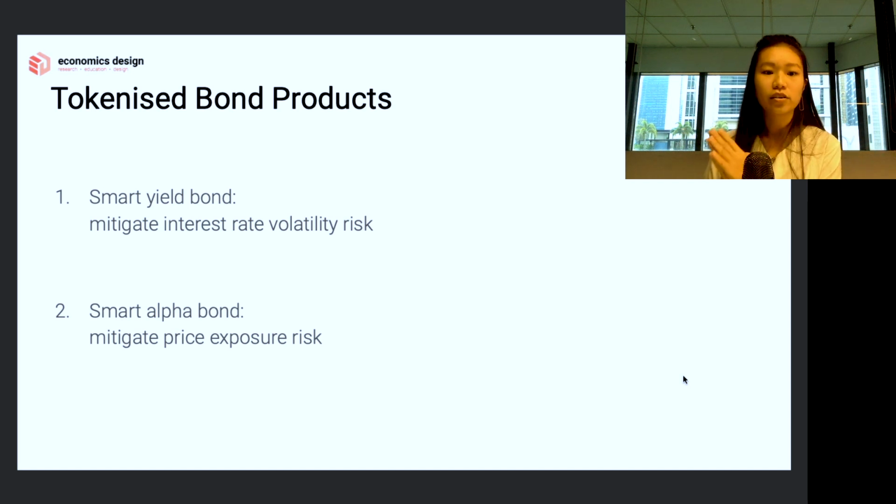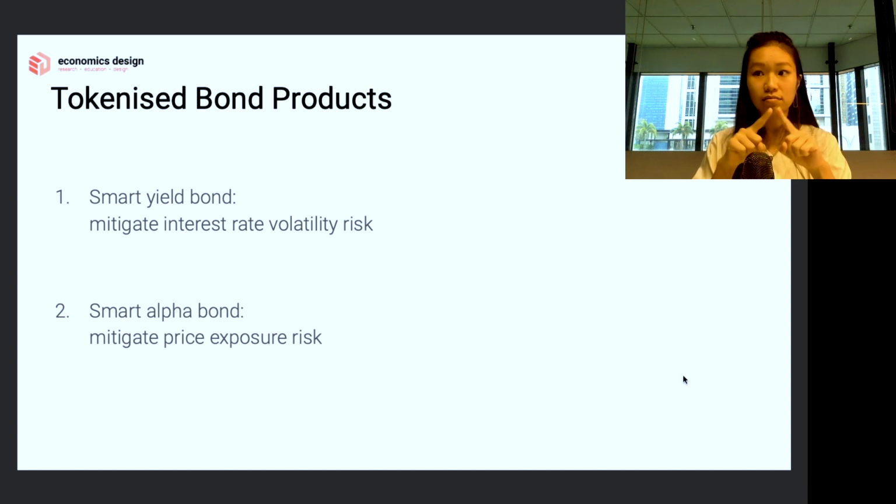The other one is called Smart Alpha Bond. Alpha is the price appreciation and the increase in price. So what they want to do is to mitigate price exposure risk. So your asset, ETH, could be $400 today, and in 6 months down the line, it could be worth $1,000.